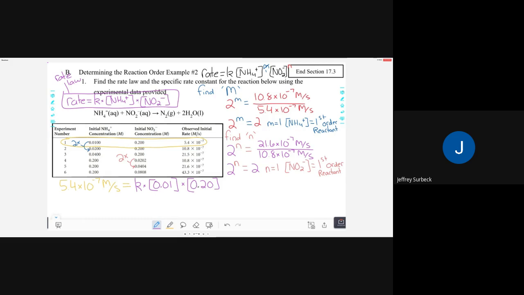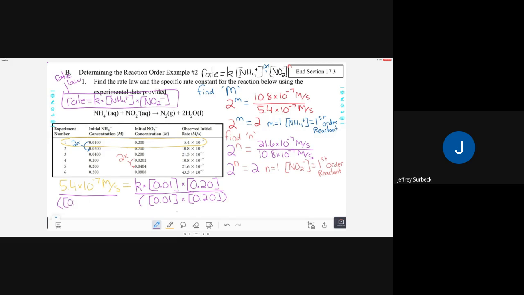And so now how do we get K by itself? Divide it by what it is attached to. Now, this is nice because we don't have to worry about exponents here because they're both first order reactants. All right, so can somebody help me out?